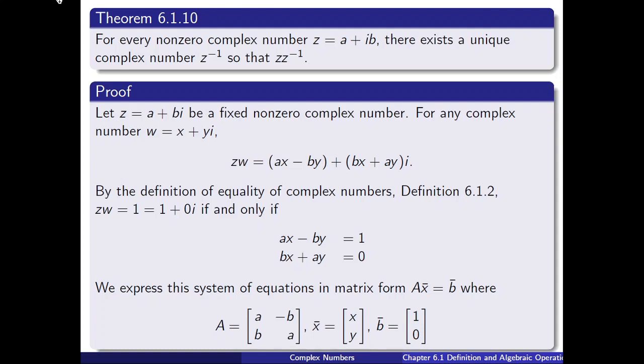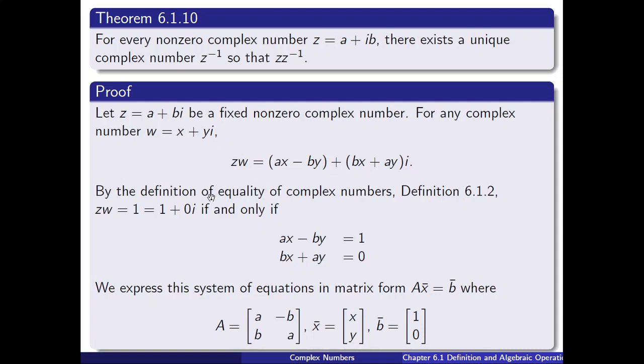So let z be equal to a plus bi, a fixed non-zero complex number. Now for any complex number w, which is x plus yi, zw we know it's going to look like that.